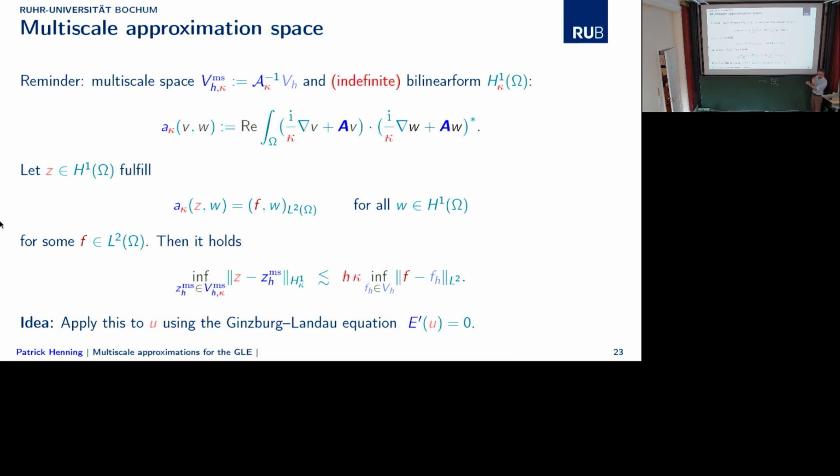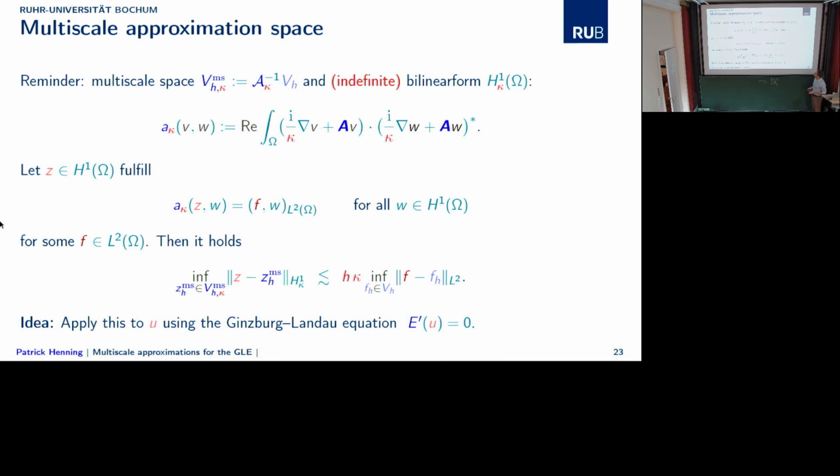But that's fine because we know u is in H2. So we have this function depending on u minus the best approximation. It will allow us to squeeze out 2 more h's, but the price is u in the H2 norm, which we know scales like kappa squared. So we gain 2 more h's, but we also have to pay with 2 more kappas.